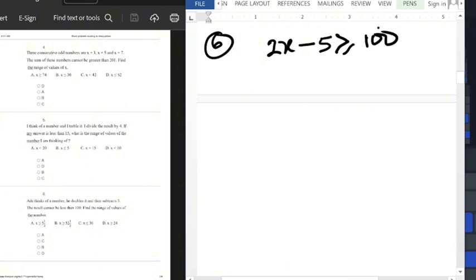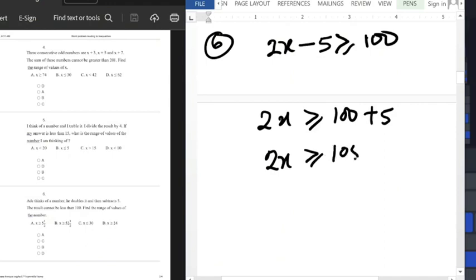So in that case, find the range of values of x. We're going to have 2x greater than or equal to 100 plus 5. And this will be 2x greater than or equal to 105. Right? So we divide both sides by 2. 2 cancels 2.